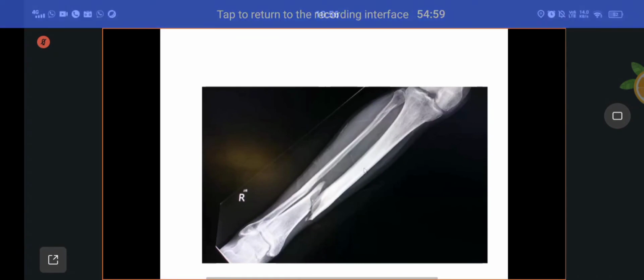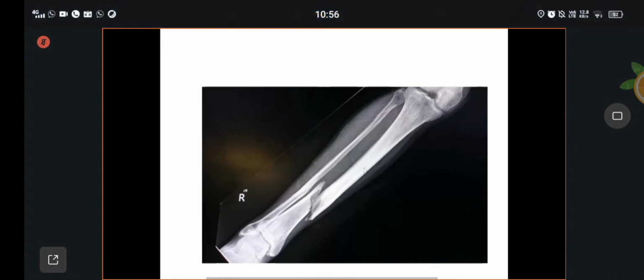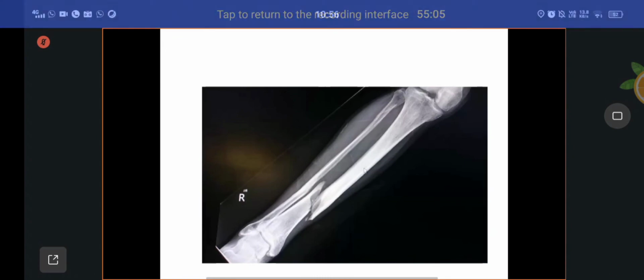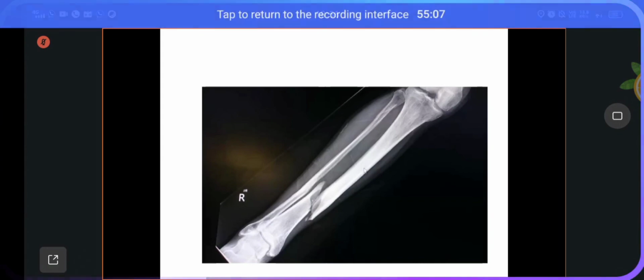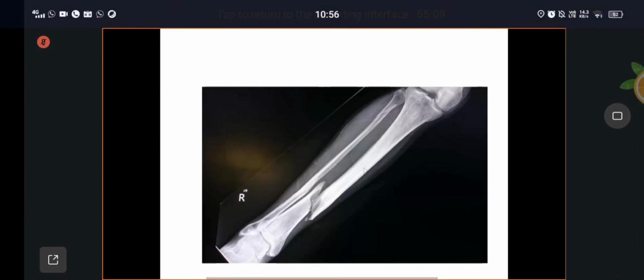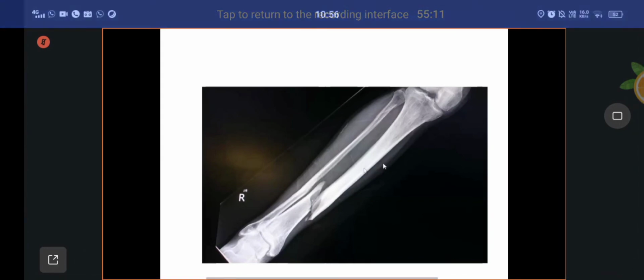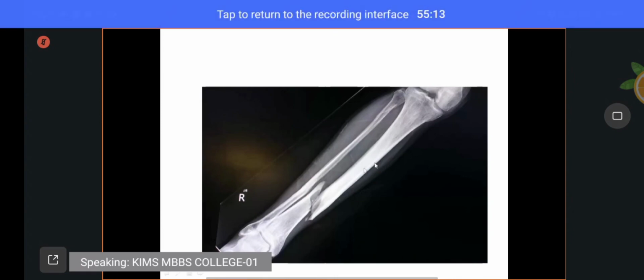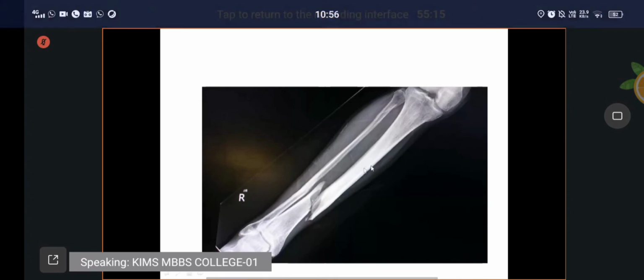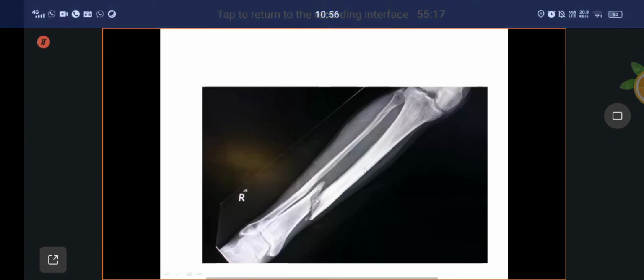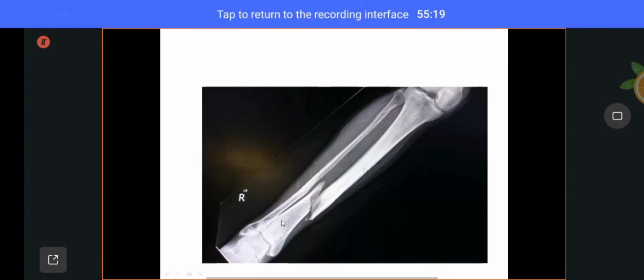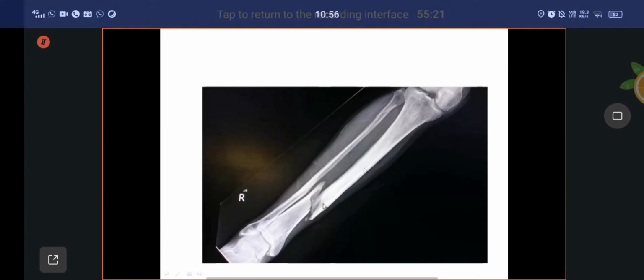Easily they will pass through and hit the film. That will appear as a black shadow. That means in any X-ray, that black color is because it receives the X-rays. That white color is no X-rays. That white shadow of the bone is because of calcium, because of its density.